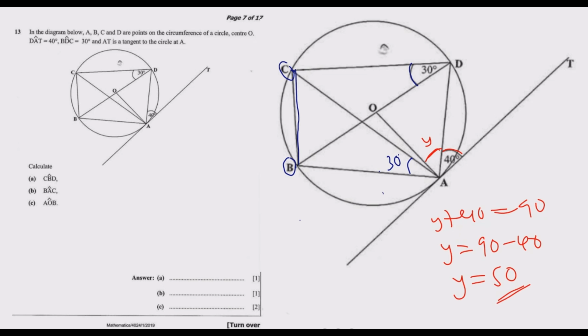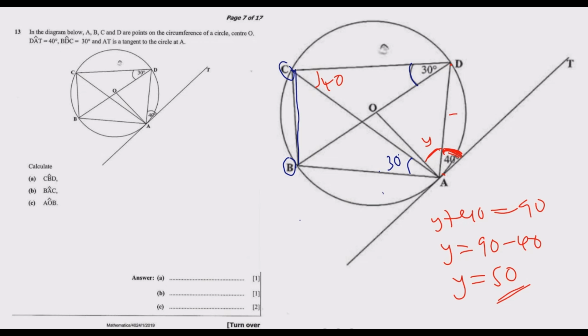Then what else can we find? We know the angle in the alternate segment. If this angle is 40, the alternate segment angle is this one, so this angle should be 40. D and A are two points forming a chord, so we have the minor segment and the major segment.